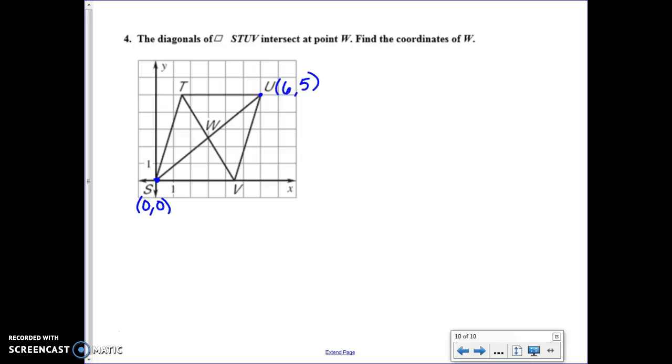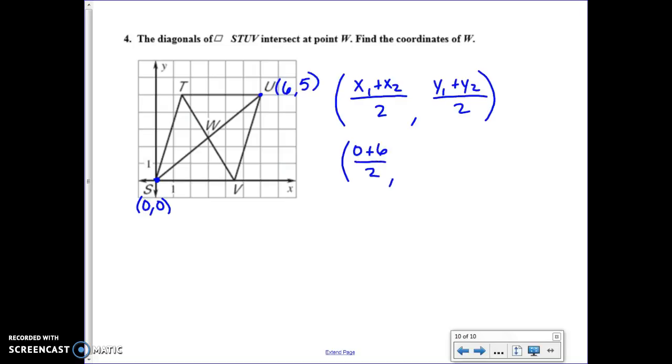Now remember that our midpoint formula is where we add our x values and divide by 2, and then we add our y values and divide by 2. So we add our x values, we get 0 plus 6 over 2, and we get 0 plus 5 over 2.